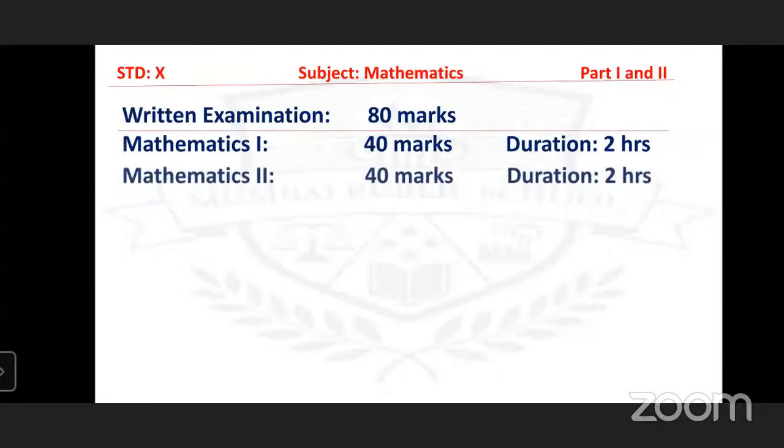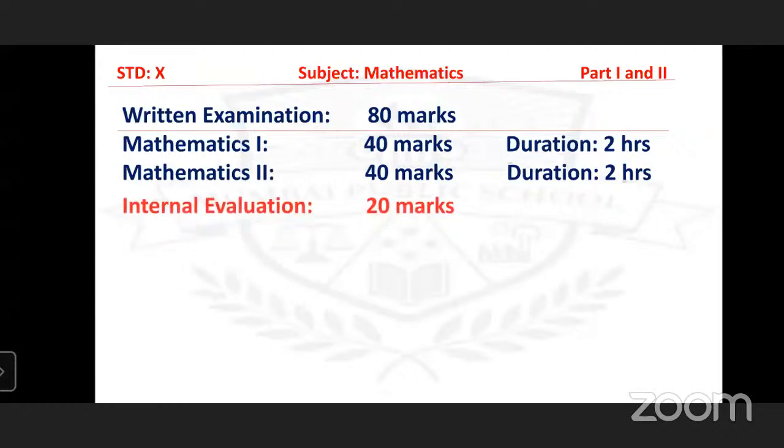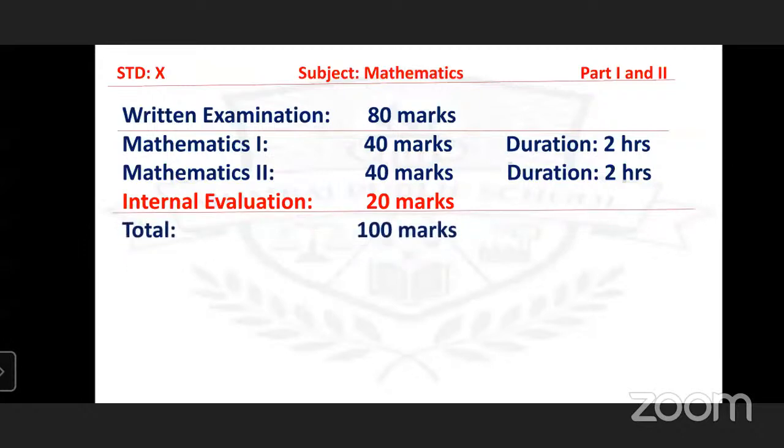Similarly, for mathematics part 2, again 40 marks and the time duration is 2 hours. The second part, internal evaluation, is of 20 marks. So 80 plus 20 is equal to a total of 100 marks. So our paper is of 100 marks.